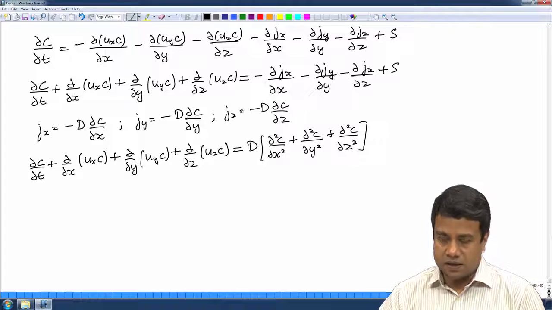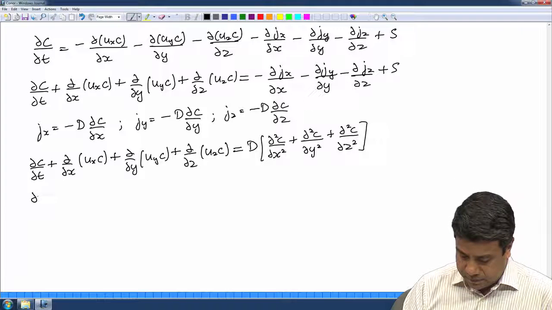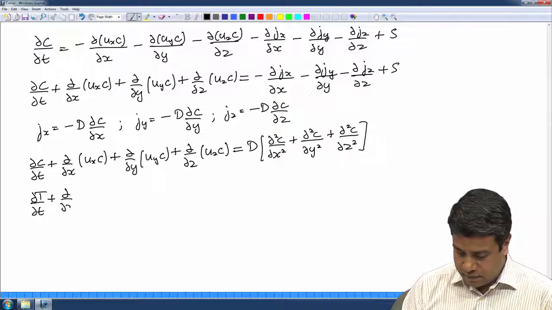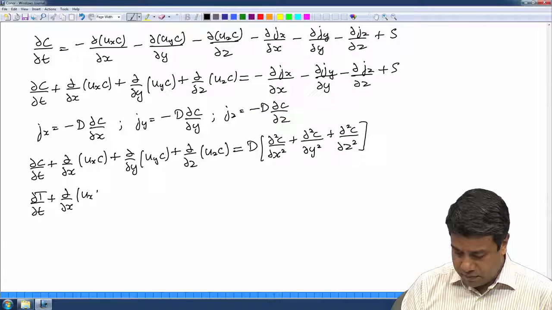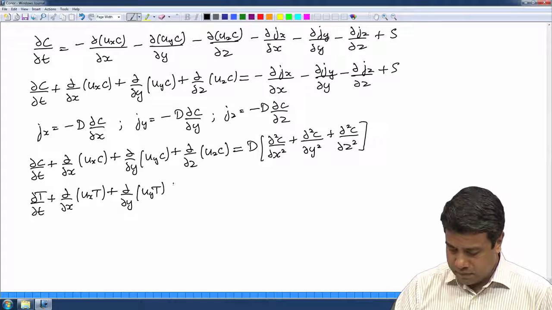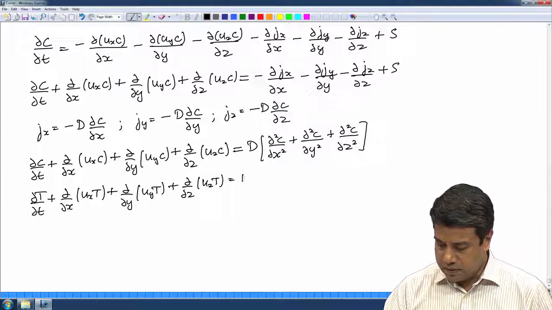So in that case, you will get an exact analogy. Is equal to alpha times the second derivatives of temperature.